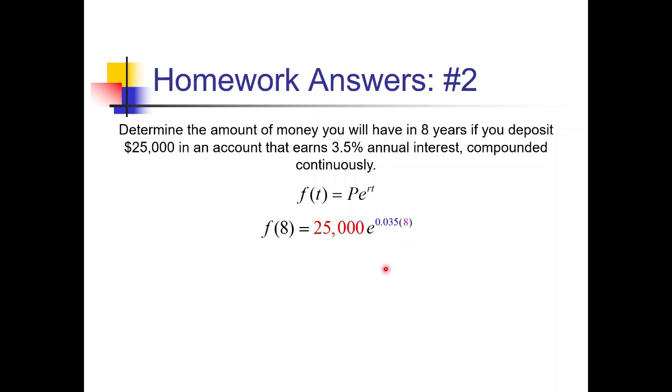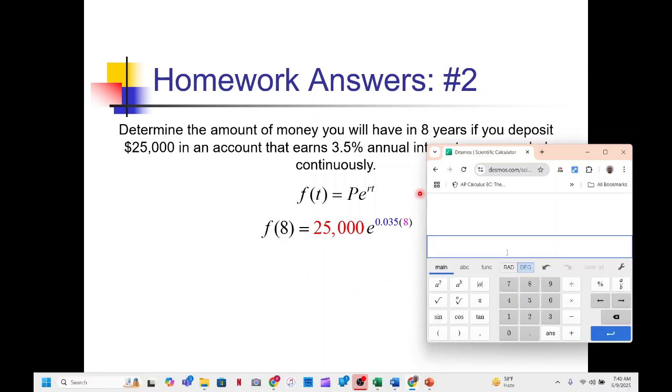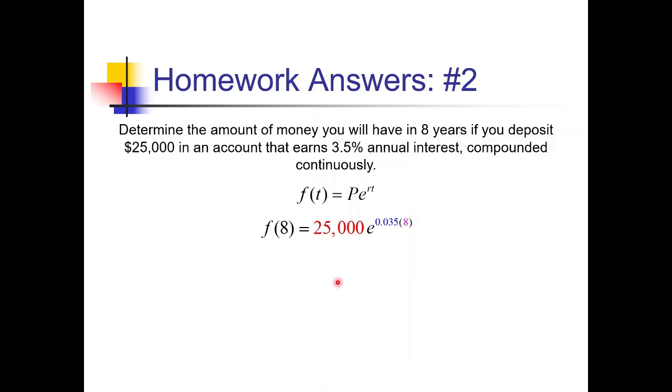Now let's just go to the calculator and see how much money we've got. So we've got 25,000 times e, raised to the 0.035 times 8. And it's looking like that's $33,078.25 if we round that up.